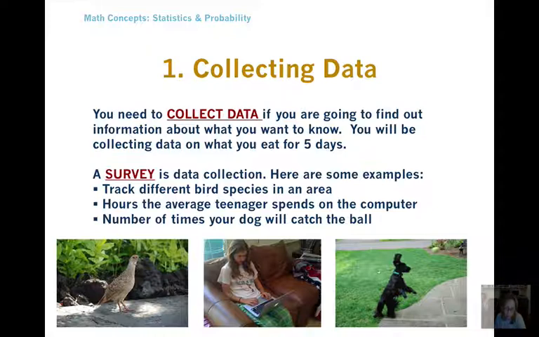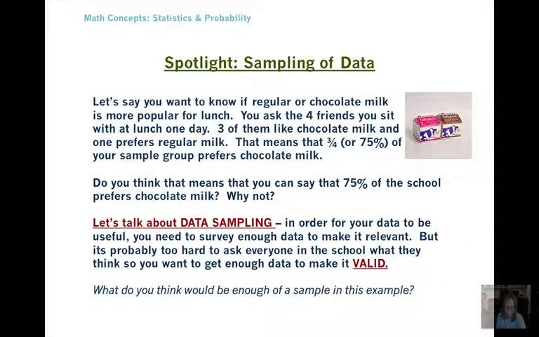Bird surveys are done in many communities around the world, and the information from them helps to track the rise and fall of bird species in an area. And the computer usage of teenagers helps give information about trends, and I'm sure that technology companies use the data to plan what they create and sell back to teenagers. So data is necessary. You've got to have the data first.